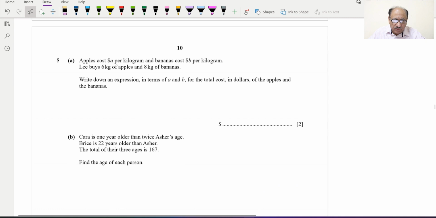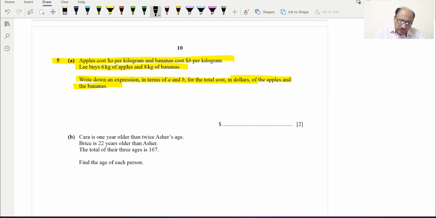And question number 5 says apples cost $A per kg and bananas cost $B per kilogram. Lee buys 6 kg of apples and 8 kg of bananas. Write down an expression in terms of A and B for the total cost in dollars of the apples and bananas.